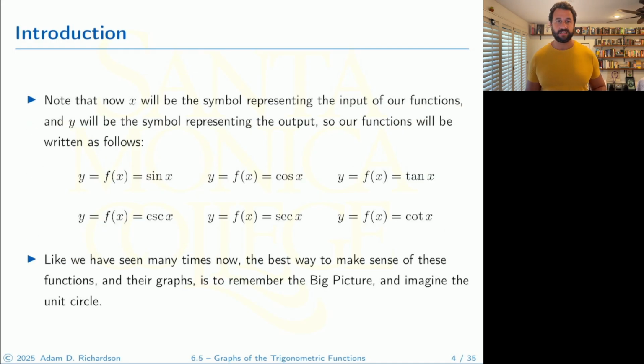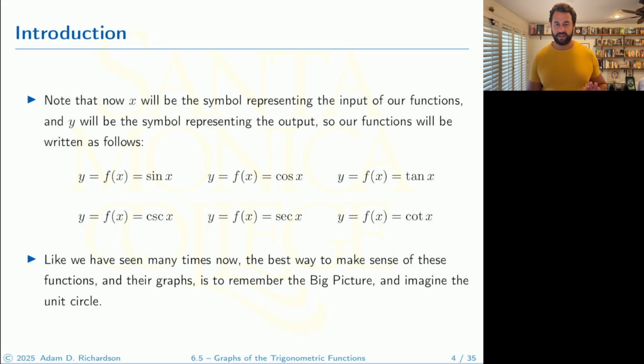So one thing I've got to say here, a little note about this. Because we're going to be plotting these things on the XY plane, x is going to be the symbol representing the input of our functions, all right? And y is going to be the symbol representing the output. So just go back to what we talked about way back in chapter 2 and graphing and all that stuff. That's all the same, okay?